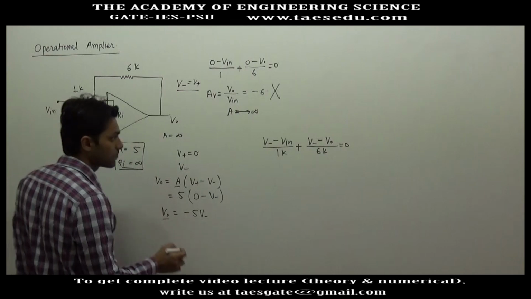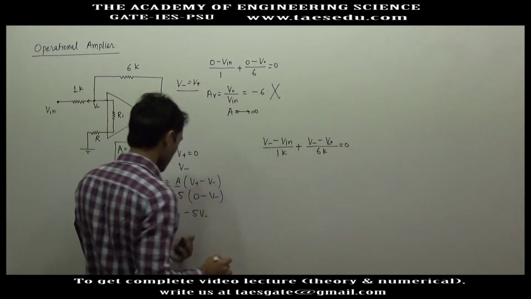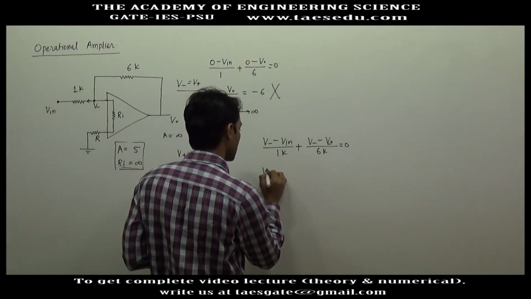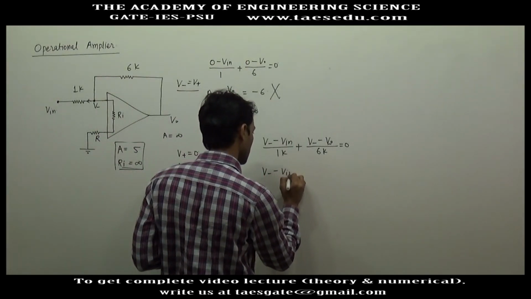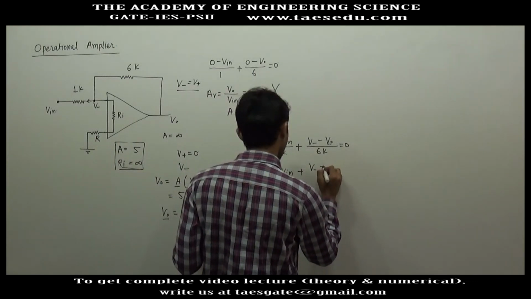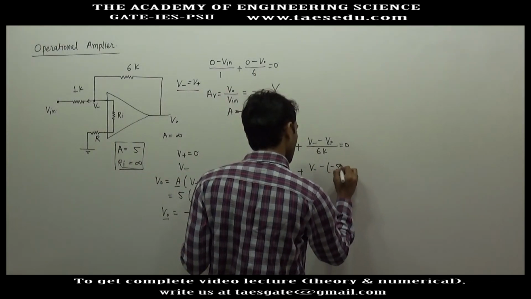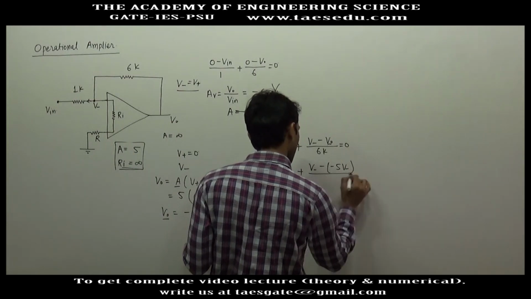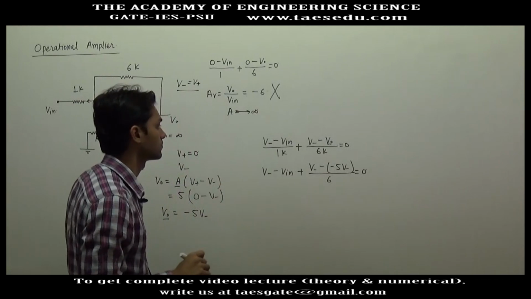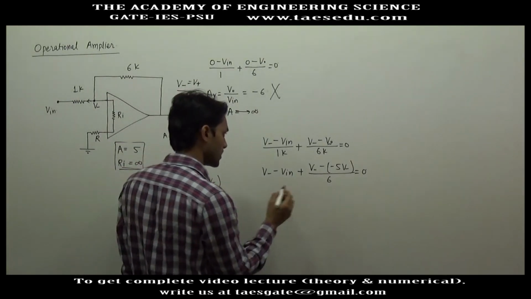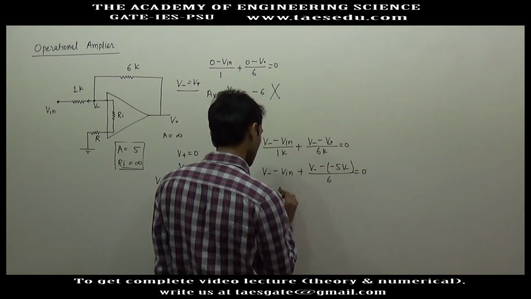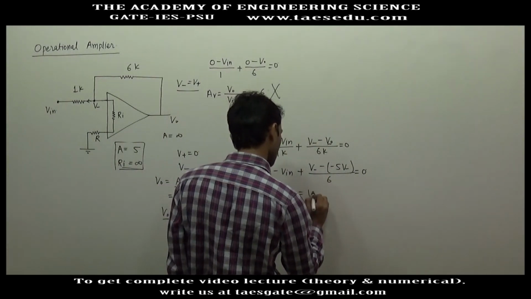Now what is V output? V output is minus 5 V minus, so (V minus minus V input) plus (V minus plus 5 V minus) divided by 6 equal to 0. So from here you get V minus into (1 plus 1 by 6 plus 5 by 6), where 5 is the gain, equal to V input.